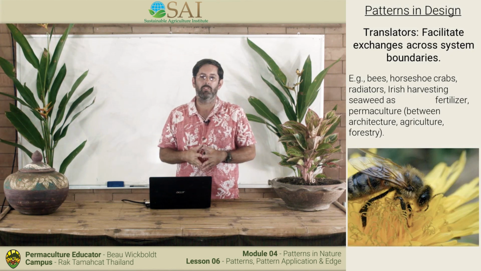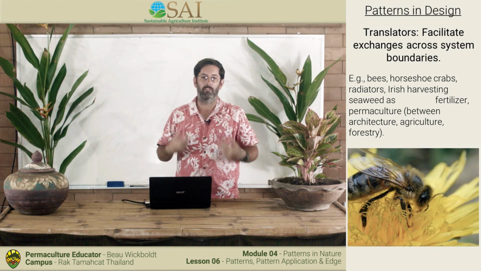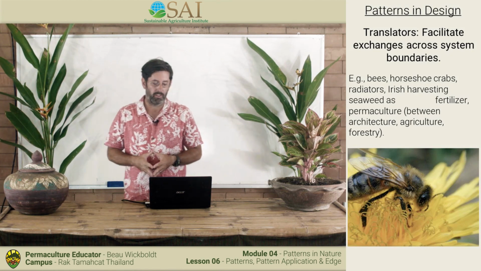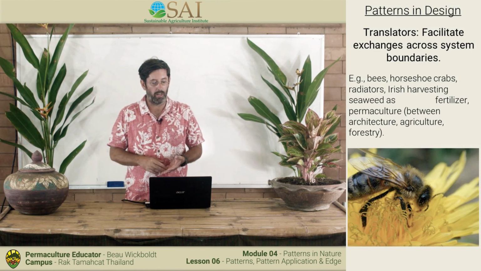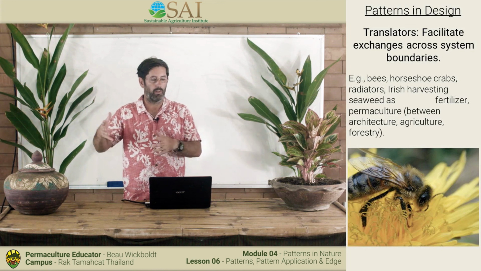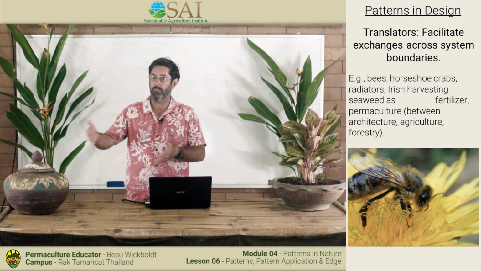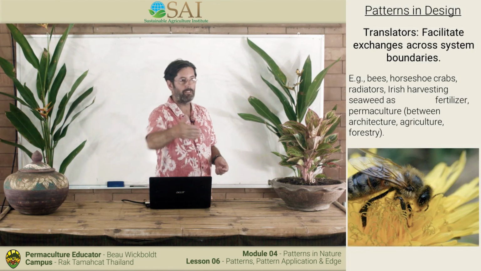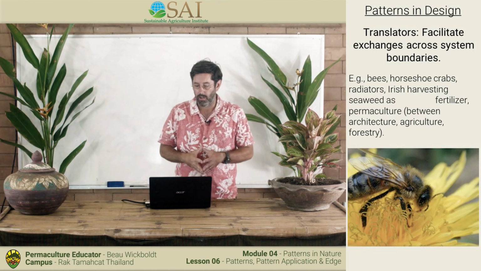But we can look at animals to help us with that also, not just our physical nature, which is easy to see, us moving things, but animals also move things. So bees, horseshoe crabs, things that can do that. Irish people can harvest seaweed and then sell seaweed to people in Britain for organic fertilizer. This is a translator.